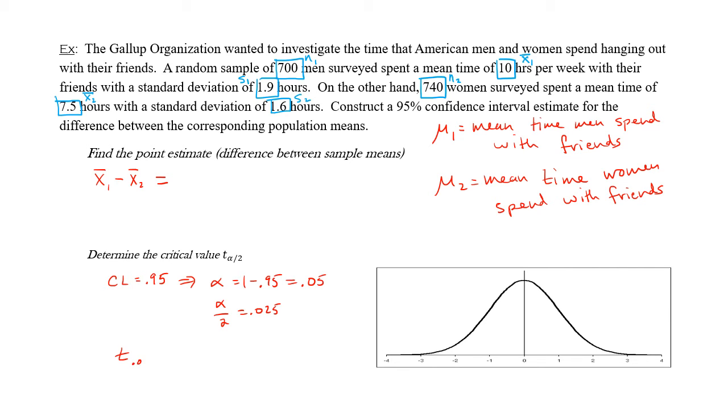So t of 0.025 would be the region that has an area of 0.025 to the right of it. You can use inverse t, since we're using t-scores to calculate that value. And in this case, because we're looking at combined samples, our degrees of freedom will be computed a little bit differently.